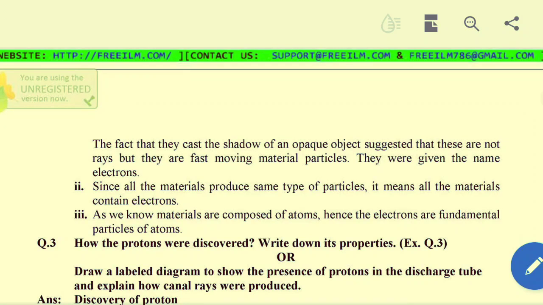As we know, materials are composed of atoms, hence the electrons are fundamental particles of atoms, because every element contains electrons. That's why we can say that electrons are fundamental particles of atoms.